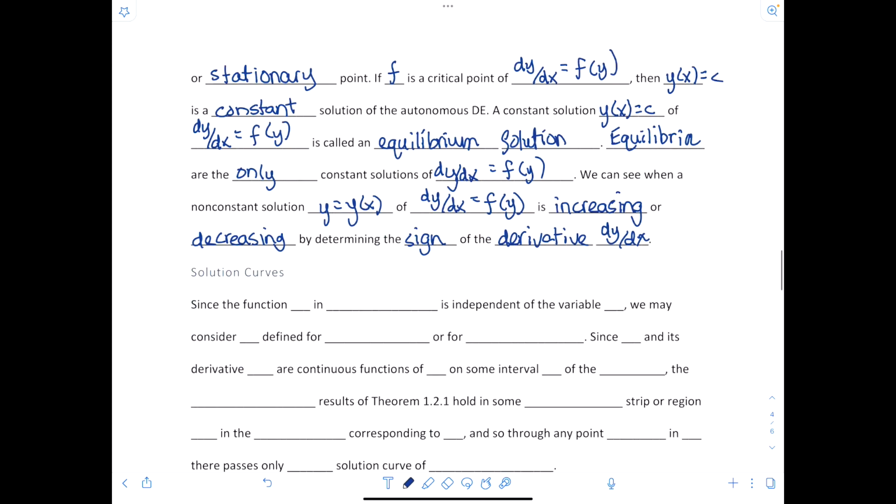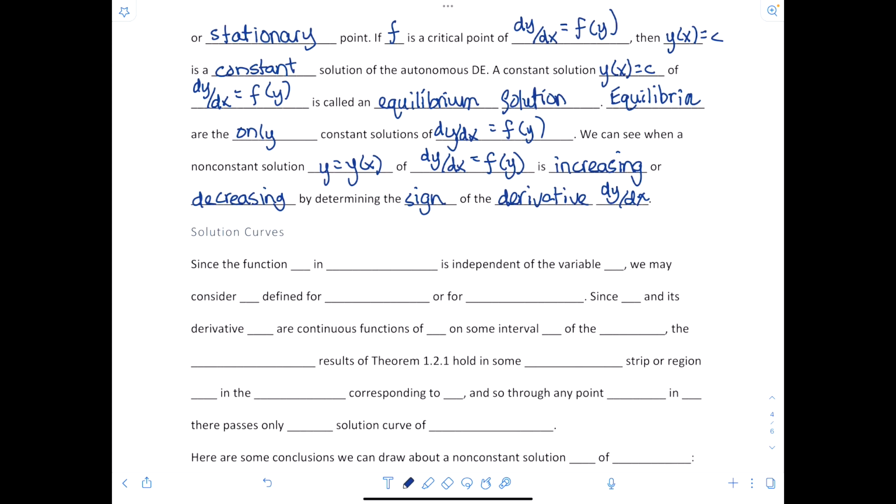Okay, solution curves. Since the function f in dy/dx equal to f of y is independent of the variable x, we may consider f defined for minus infinity less than x less than infinity, or for 0 less than or equal to x less than infinity.